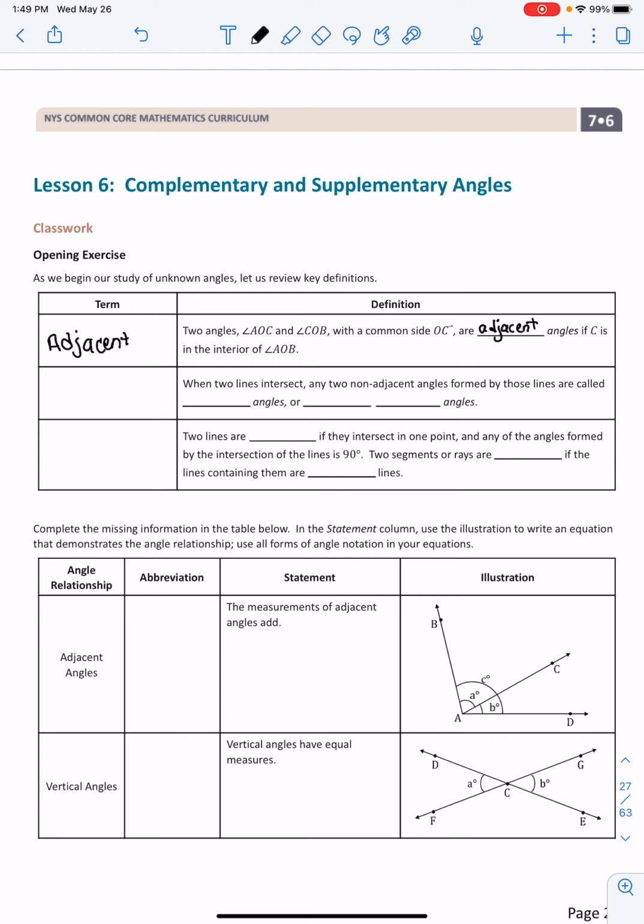Next, when two lines intersect, any two non-adjacent angles formed by those lines are called vertical angles or vertical opposite angles.